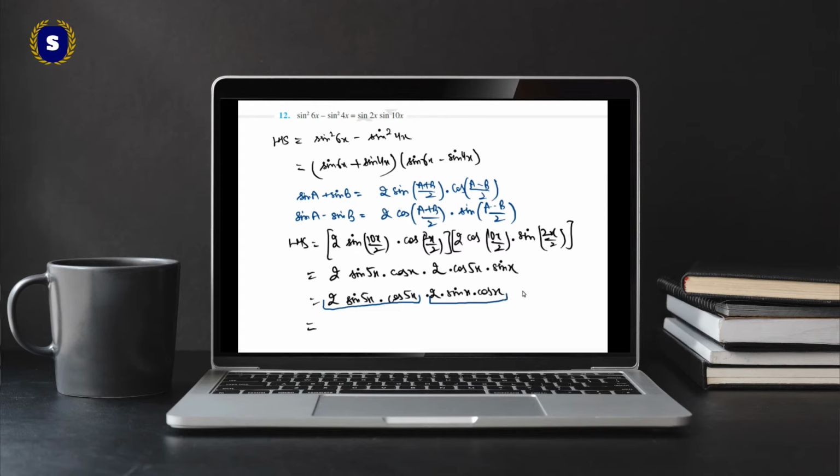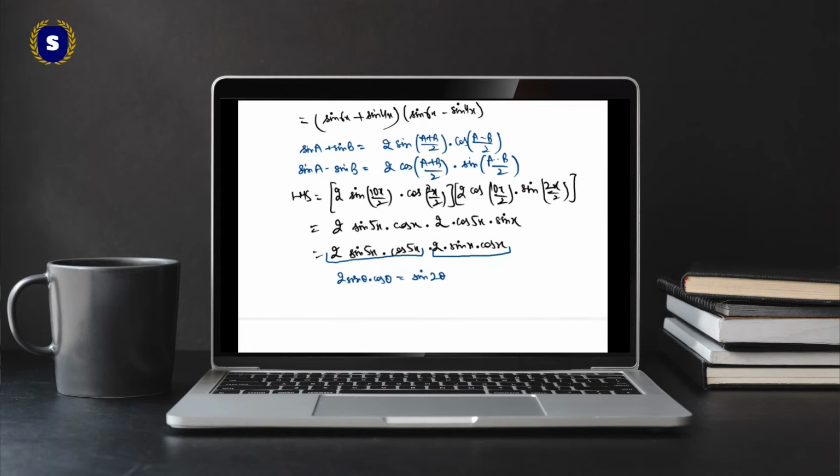By using the identity 2 sin theta cos theta is equal to sin 2 theta, I've got LHS is equal to sin(2 into 5x) dot sin(2 into x).